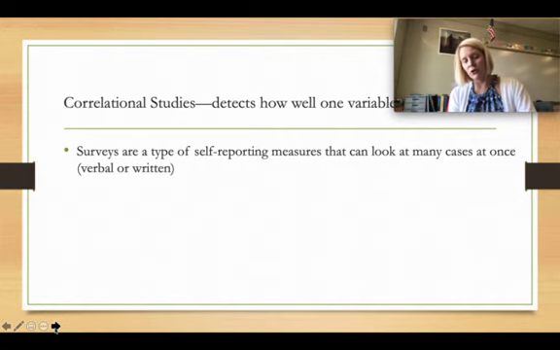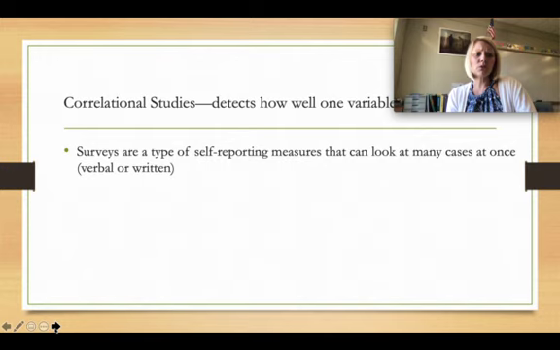A survey can be verbal, it can be written. However, the downfall that you're going to see right away in a survey is that word self-reporting. People are going to say or write whatever they want. They don't necessarily have to be honest. They're not being watched when they do it. They're not being observed by somebody in a lab setting.